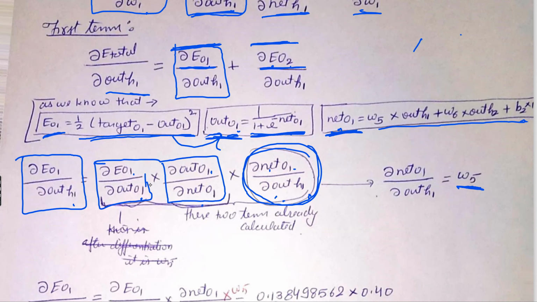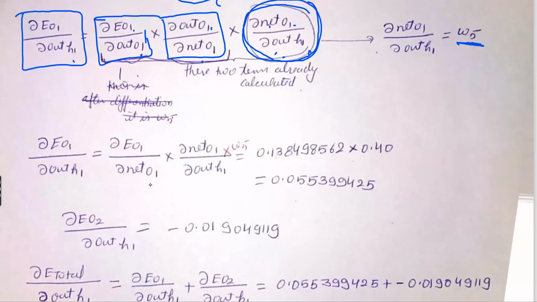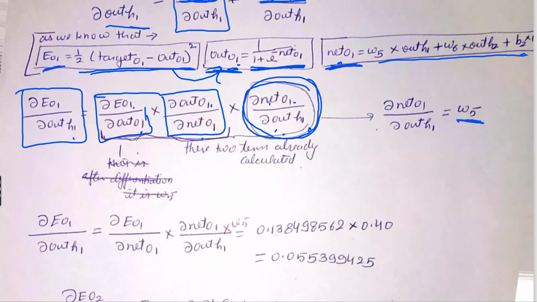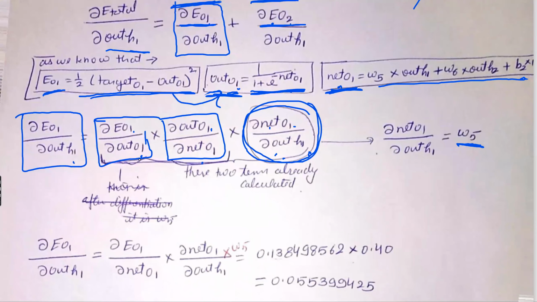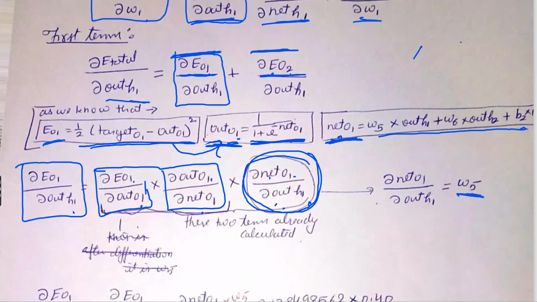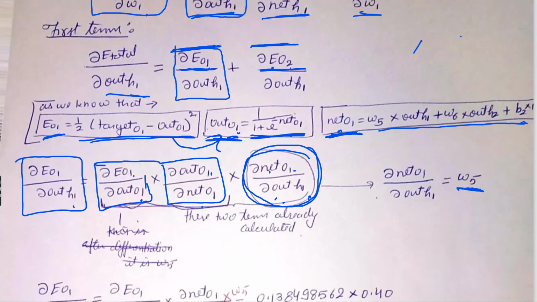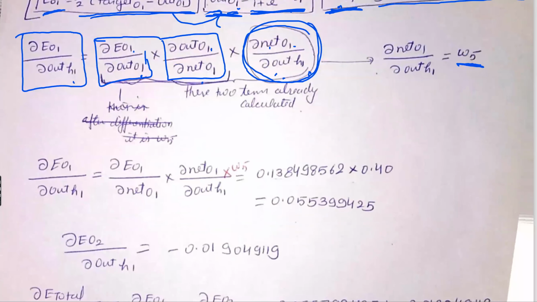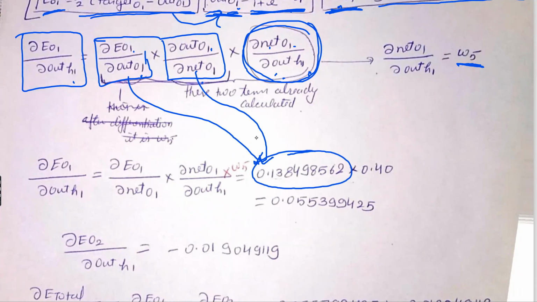So after putting all these values, just a minute. The value of this and the value of this we have already calculated, and after multiplying these two values we'll get this value, and the weight of W5 was 0.40.